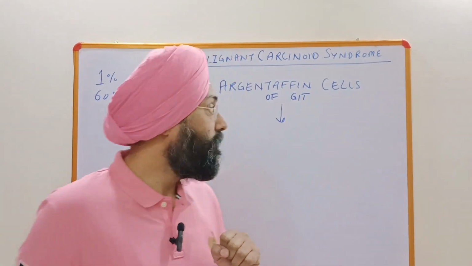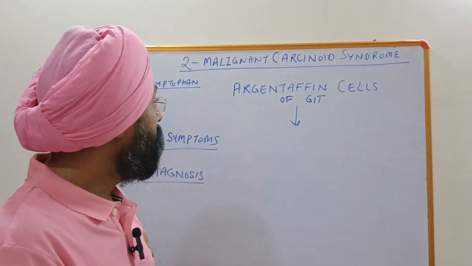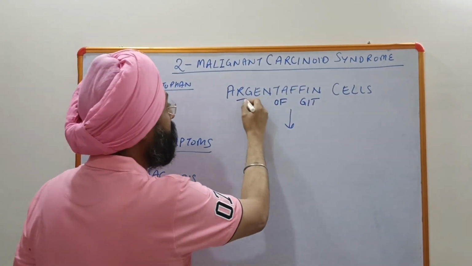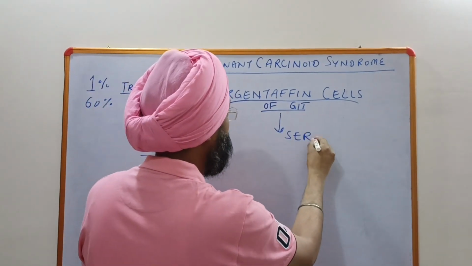Now coming on to the second disease, that is known as malignant carcinoid syndrome, right? In this disease, the enterochromaffin cells of the GIT produce serotonin, right?